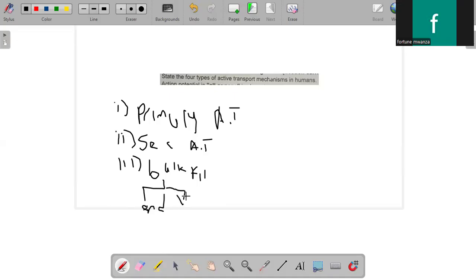That's what we have under vesicular transport.